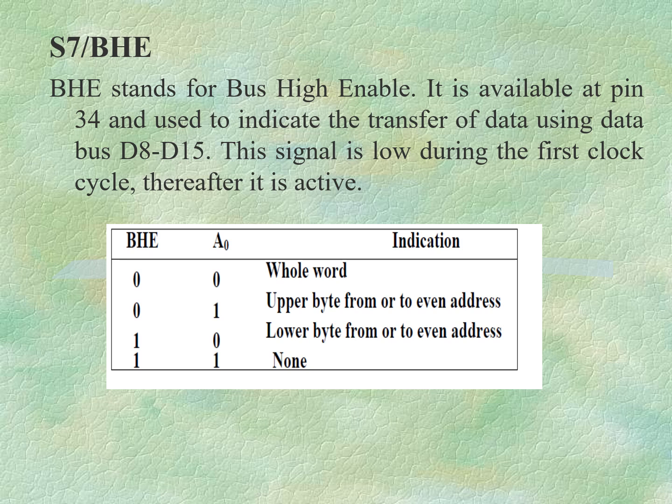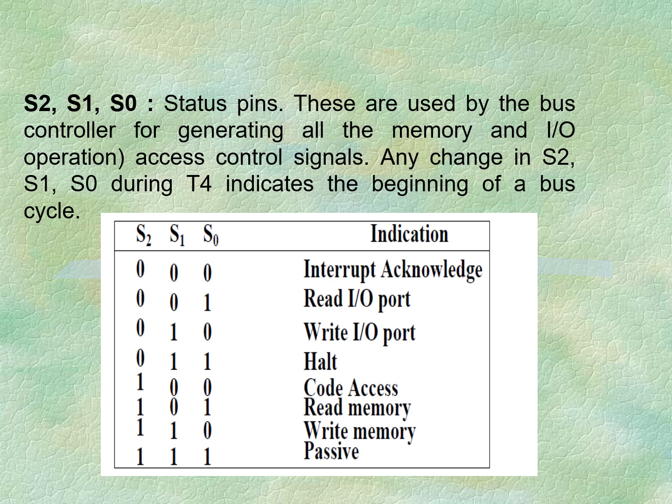When BHE is 0 and A0 is 1, that means the upper byte is used. You can divide the 16 bits into 8-bit and 8-bit, upper byte and lower byte. The upper byte is given to, or read from, the even address. So that is the consideration.